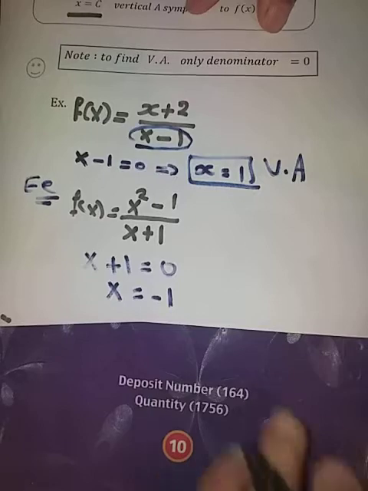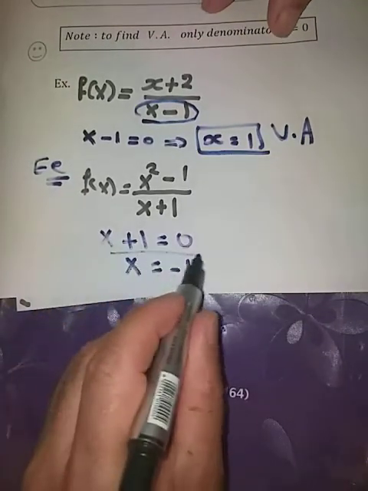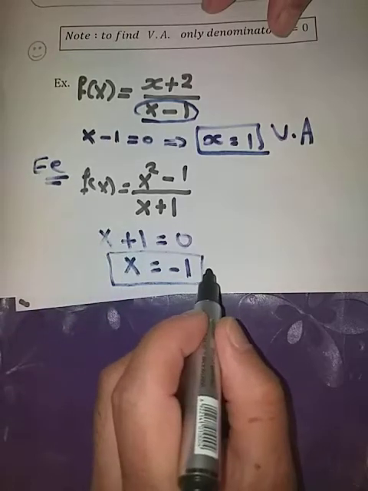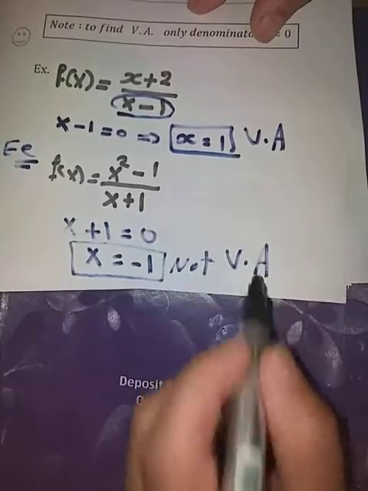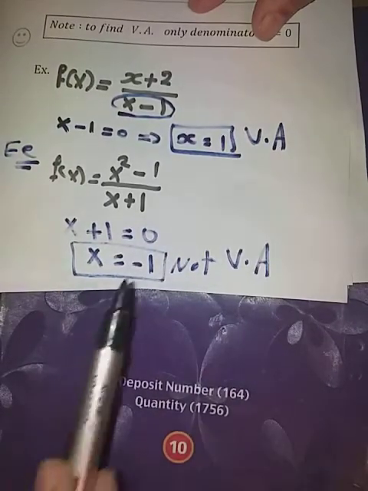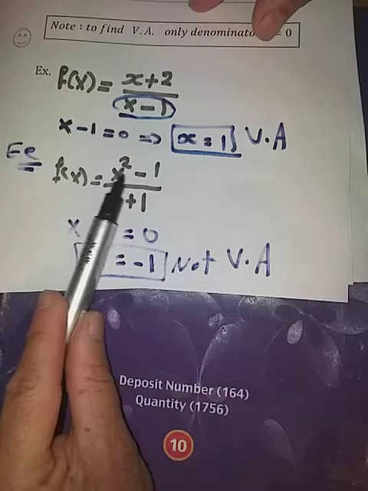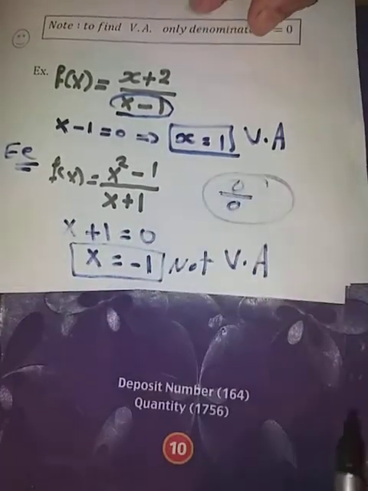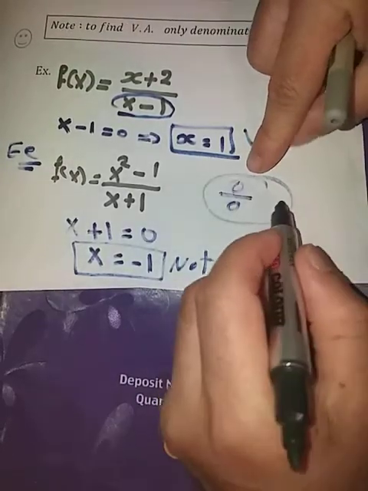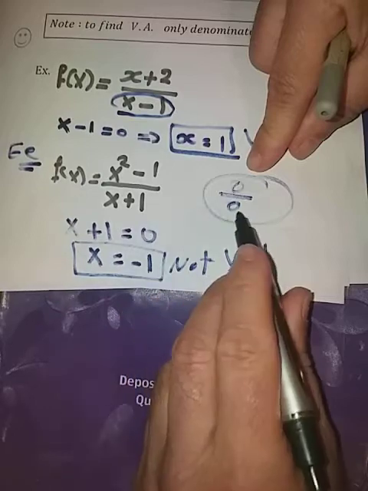After we solve it, is this a vertical asymptote? No, it's not a vertical asymptote. Why? If you replace x with minus 1 in the numerator, it will be 0 over 0. If you get 0 over 0, then this is not a vertical asymptote.